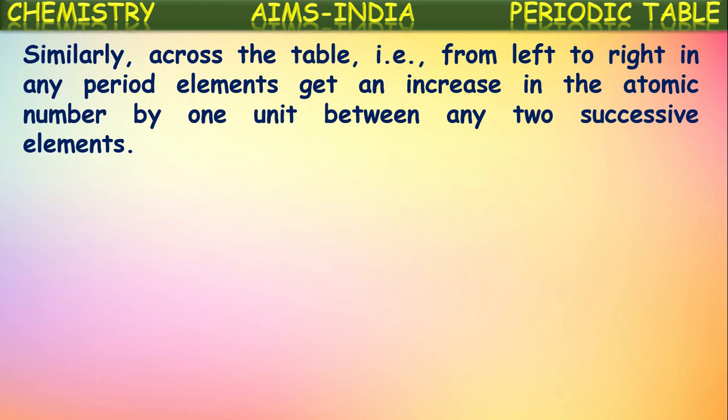Similarly, across a period in the modern periodic table, that is from left to right, elements get an increase in the atomic number by 1 unit between any two successive elements, because atomic number increases from left to right in a period. So one electron is increased from element to element.